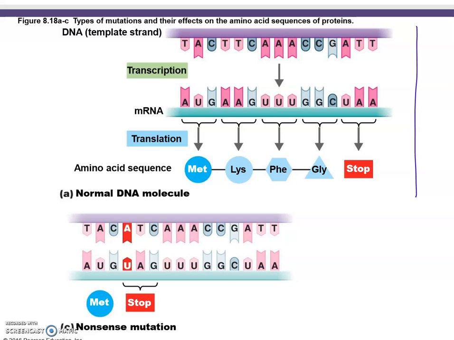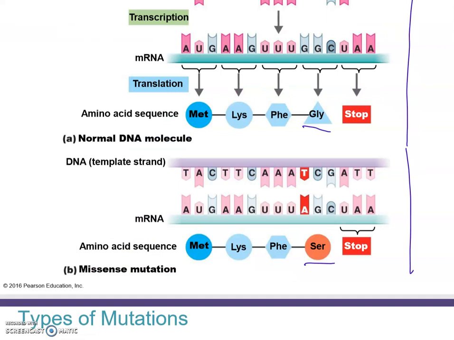So the transcription leads to this mRNA right here, and the translation to the amino acid sequence of methionine, lysine, phenylalanine, glycine, and stop codon. And now we have a nonsense mutation that leads to an early stop, a UAG, that is a stop codon, and really all that's left is a single methionine. Really there's no more protein made because this is a stop codon. So that would be a nonsense mutation, or a base substitution mutation that results in a nonsense stop codon.